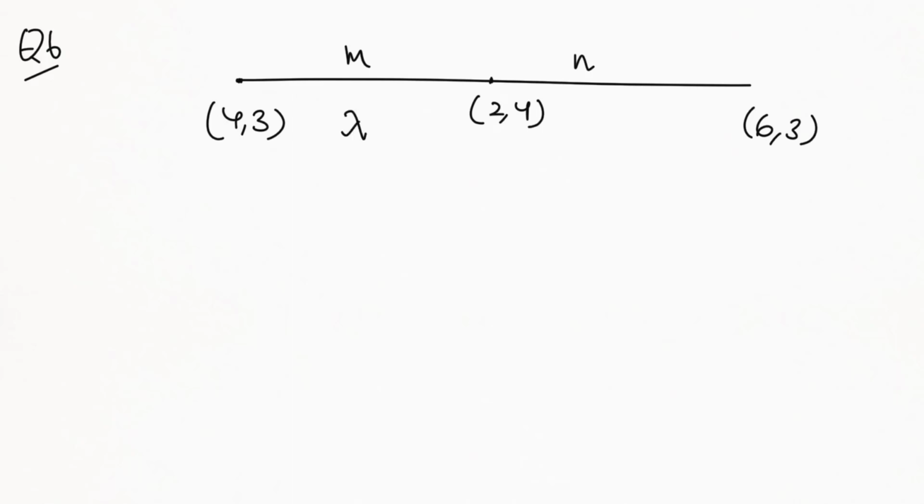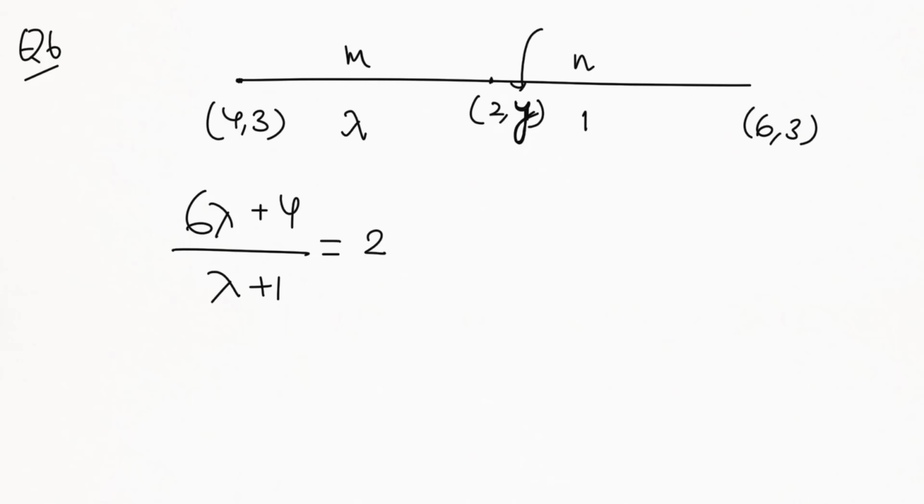So the simplest way is to use lambda is to 1 instead of m is to n. So this will become 6 lambda, cross multiplication, plus 4 over lambda plus 1, equals 2, right? Why are we doing x and not y? Because y is not known. Did I say 2, 4? No, this is 2 and y, this is unknown.